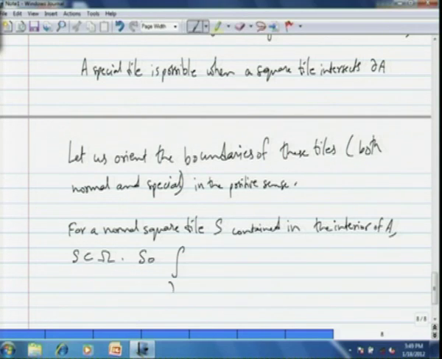The integration on the boundary of S, oriented in the counterclockwise sense, of f of z dz is clearly 0 by Cauchy's theorem for a rectangle.